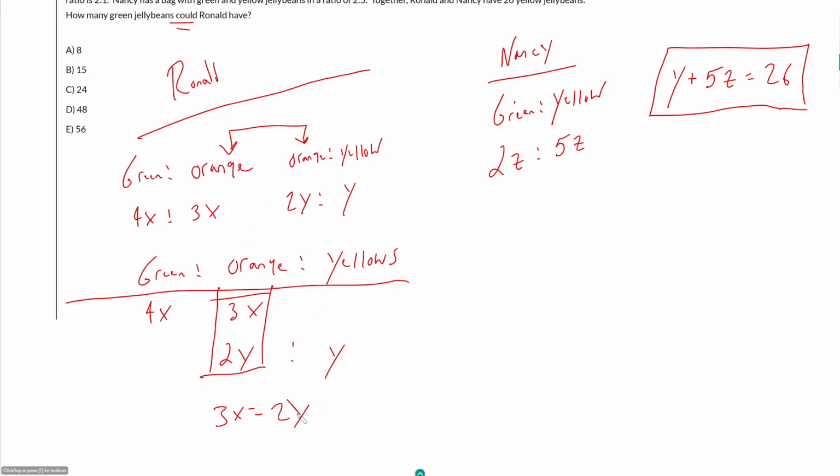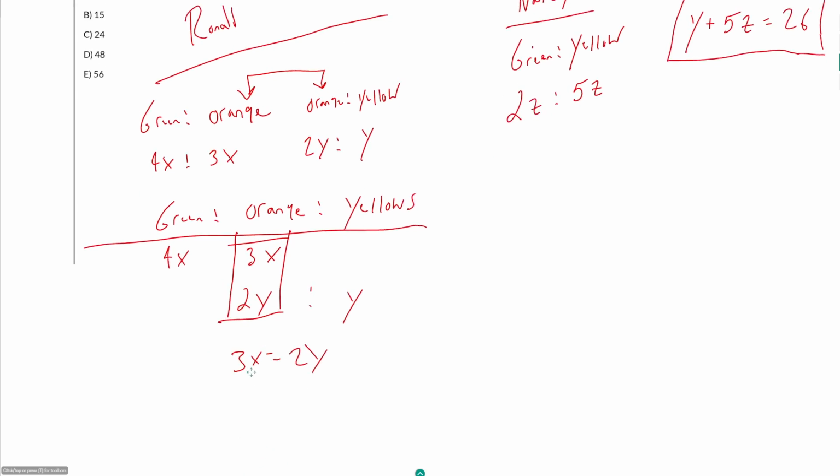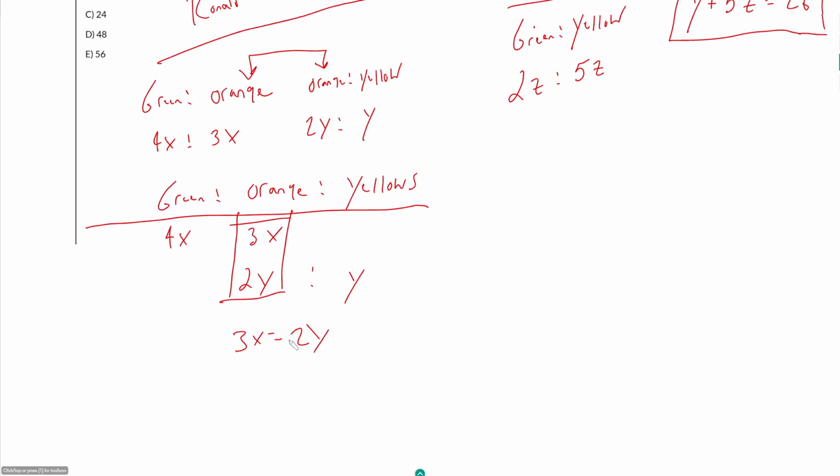This is all I know. I think in the last video, last time we had to do this, we got everything in terms of y. Let's get everything in terms of x. So that means if we want to get everything in terms of x, we got to put this equation here in terms of y. So y is equal to 3/2 x.